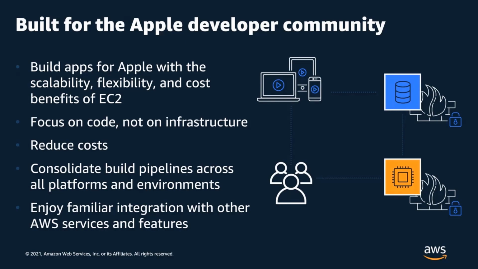Second, Mac instances offload the heavy lifting that comes with managing Apple infrastructure, which means you as an Apple developer can focus entirely on building great apps. No more taking a Mac computer and putting it in a closet or hiding it under the desk. And specifically with the recent remote work situation with COVID, it takes away the pain and the heavy lifting of remotely managing that Mac infrastructure.